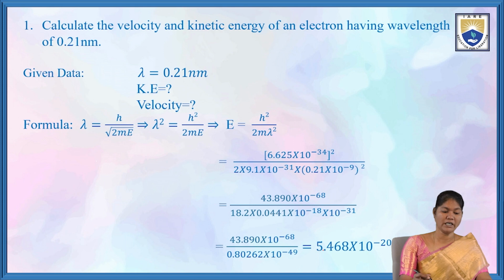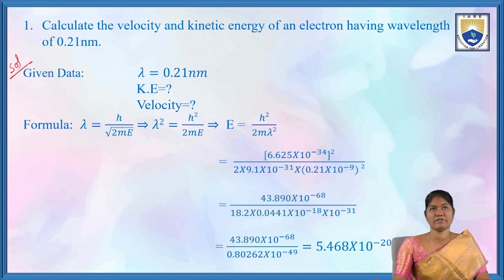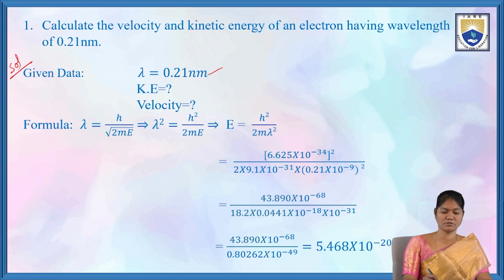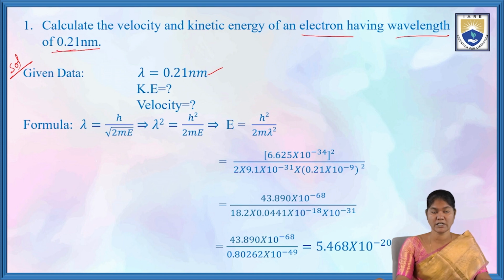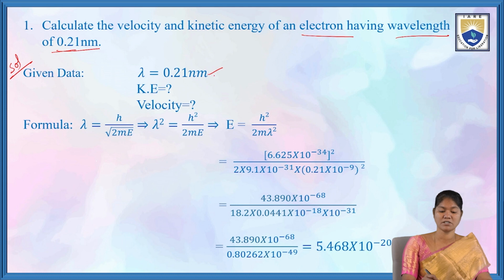So here the given data is lambda. Lambda is equal to 0.21 nanometers, for an electron.